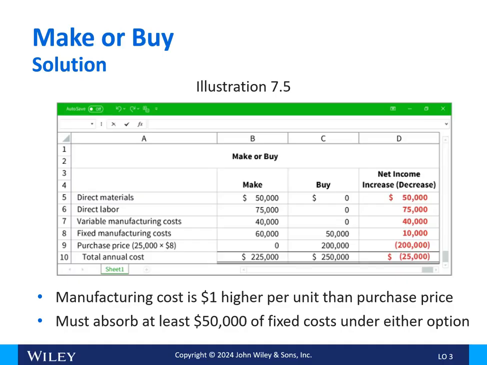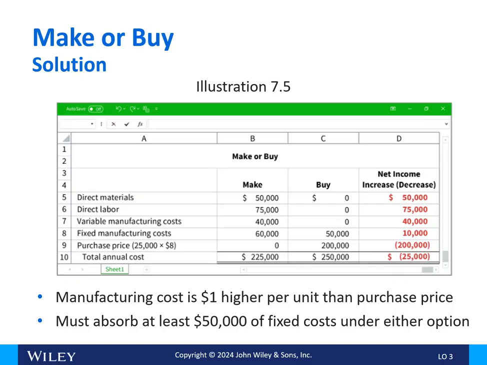The buy, we're going to purchase 25,000 of these switches at $8 per unit, so that's $200,000. But remember, only $10,000 of the fixed manufacturing costs are eliminated. So we still have $50,000 of fixed manufacturing costs under the buy scenario. So our total costs are $250,000, which is actually higher than our make.